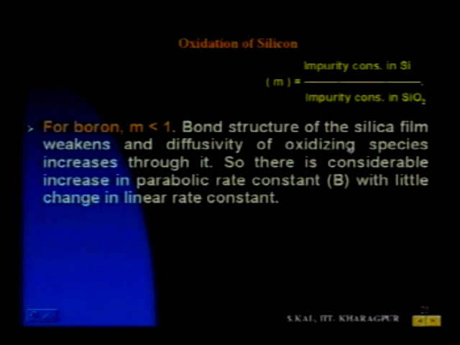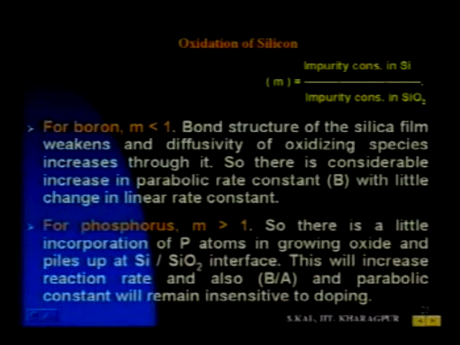Now let us see what is the case with phosphorus. For phosphorus, M is greater than 1, just opposite to that of boron. So, if M is greater than 1, then this relation, the expression for segregation coefficient, tells you that impurity concentration in silicon will be more compared to that in silicon dioxide.